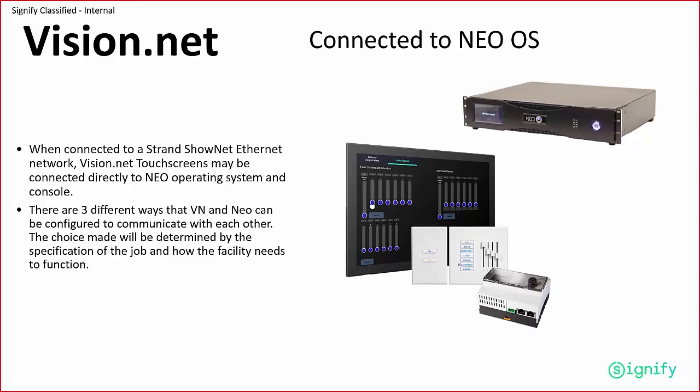So I wanted to talk a little bit about the connectivity between Neo and Visionet. Typically, a school auditorium facility is likely going to have 2 separate control systems. It is likely to have an architectural control system, which would be Visionet, which is available 24/7.